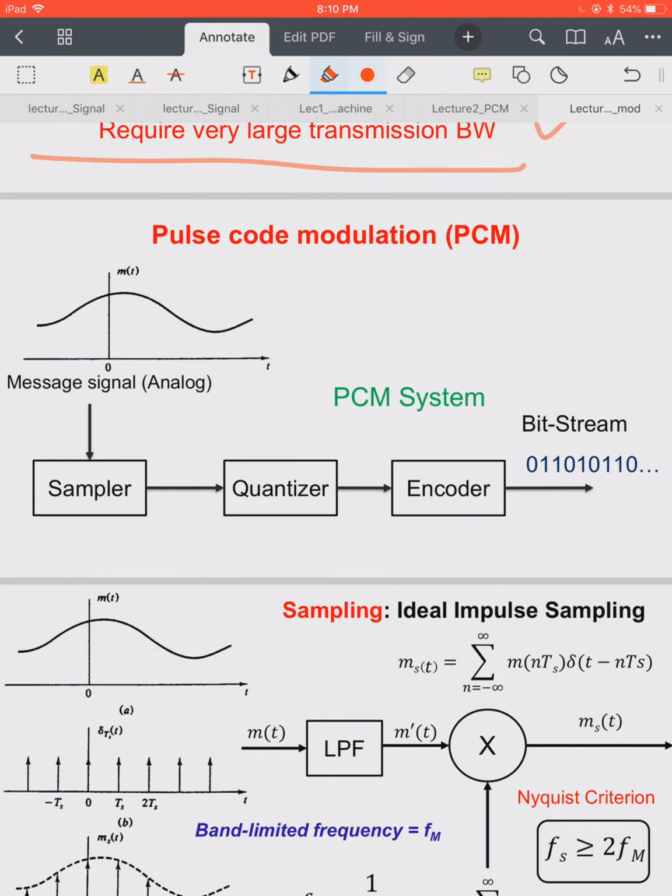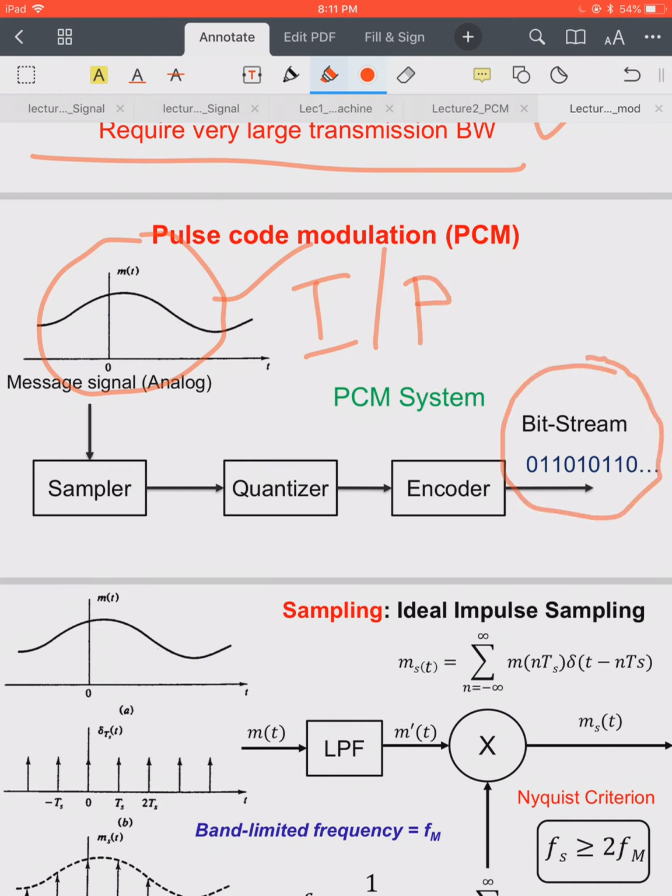At the input of the PCM system you have a continuous time analog signal, and in the output it will produce a bit stream 0 1 1 0 and so on. It is digital data.